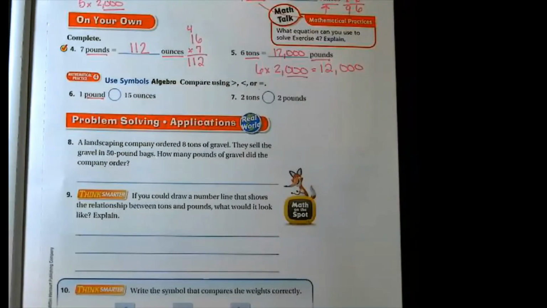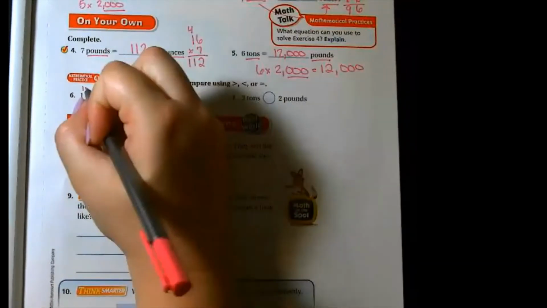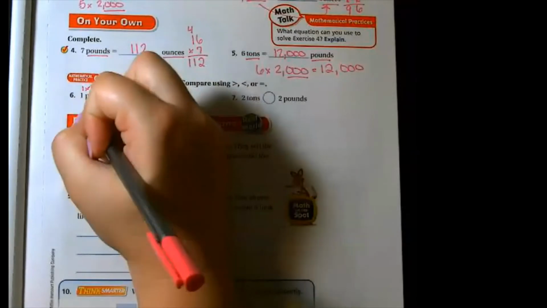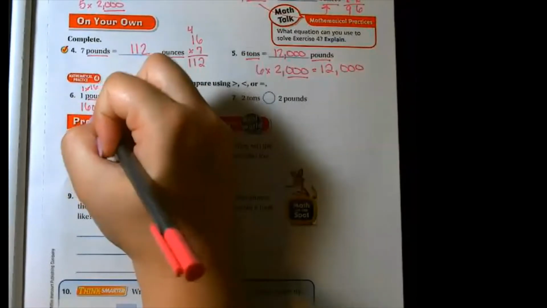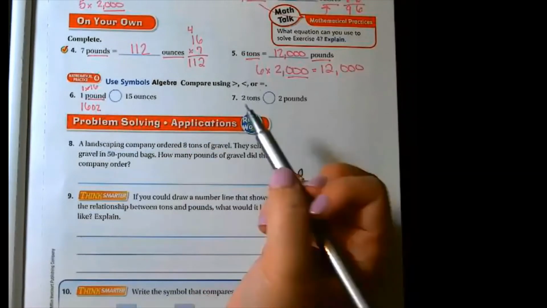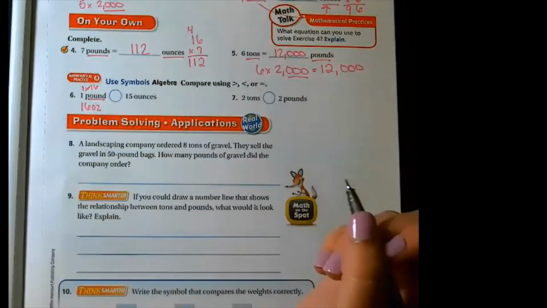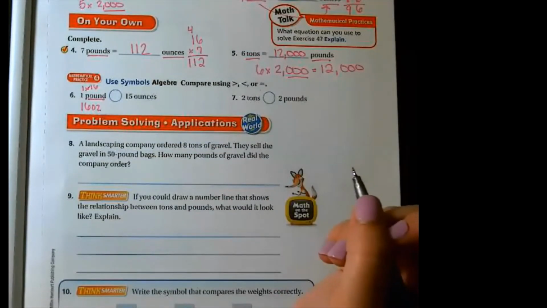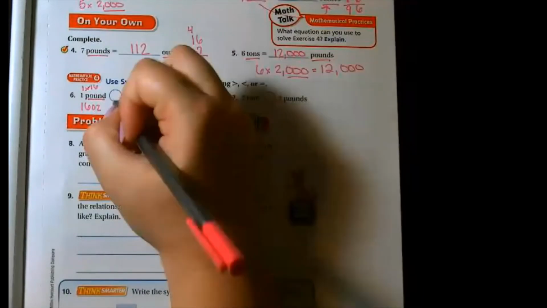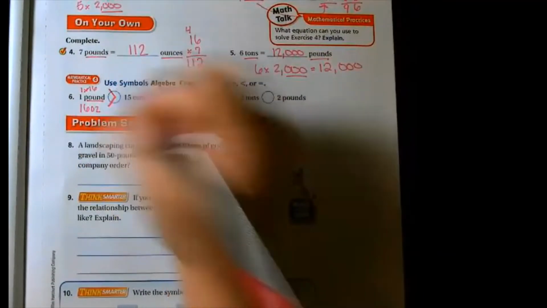So I need to change my pound into ounces because I can't compare when they're different units. So 1 pound, I would do 1 times my 16, which would be 16 ounces. So either have 16 ounces or 15 ounces. Which one would my alligator mouth want to eat? Good, 16 ounces.